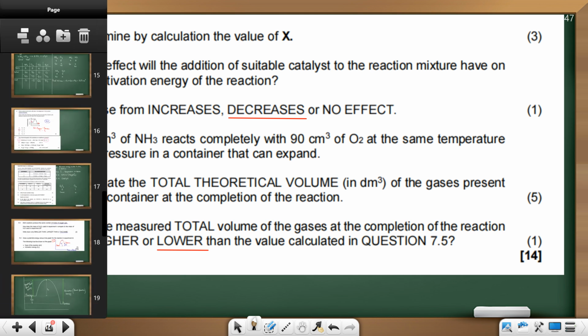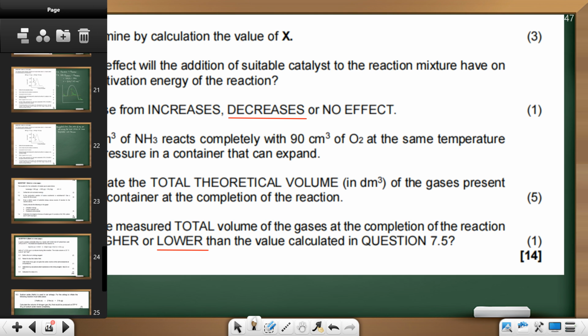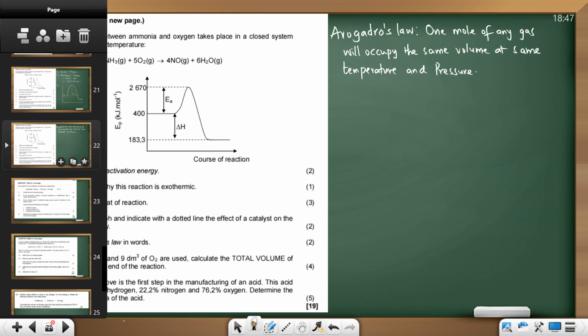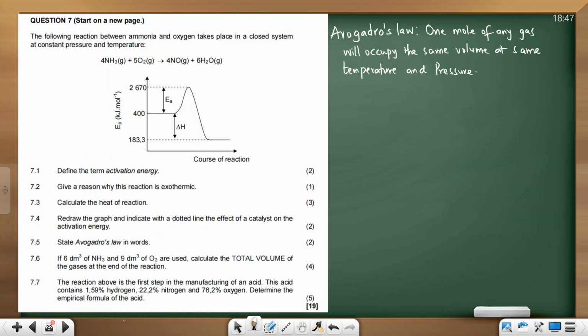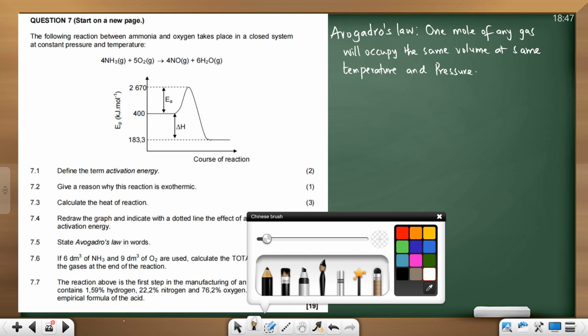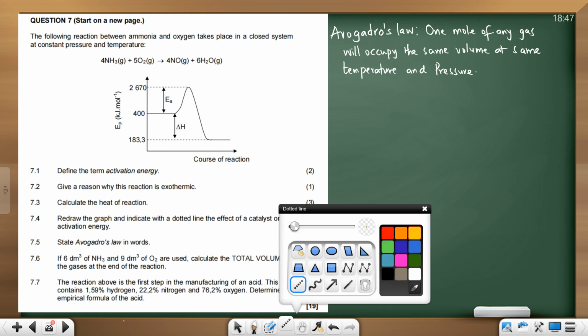And now look at this one. It's practically the same thing. This examiner just copied and pasted. Look, 6 dm cube of ammonia and 9 dm cube of oxygen are used. Calculate the total volume of the gas. Okay, let me go through again, and I won't use a table this time.